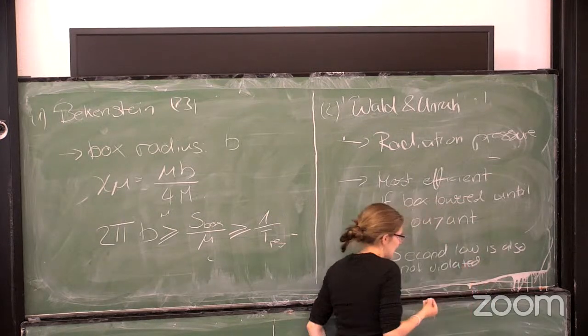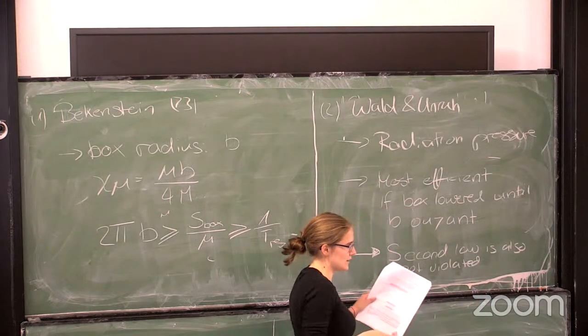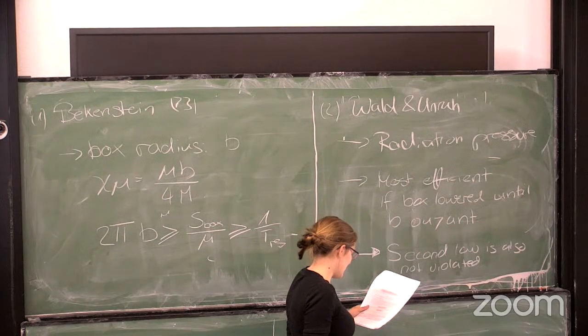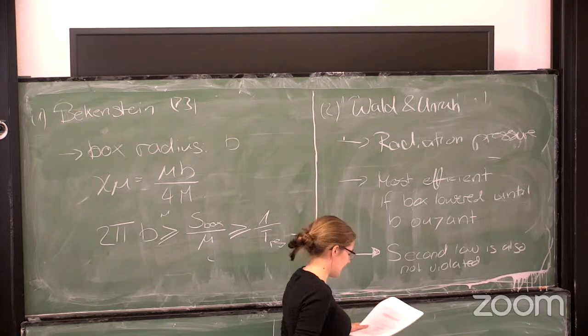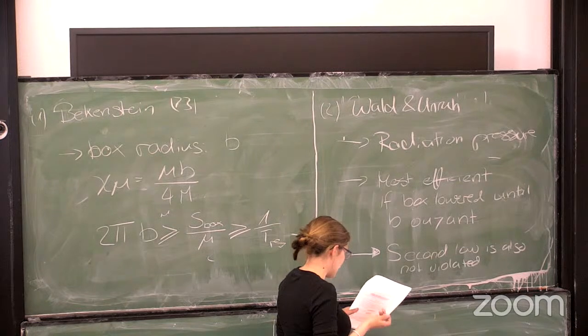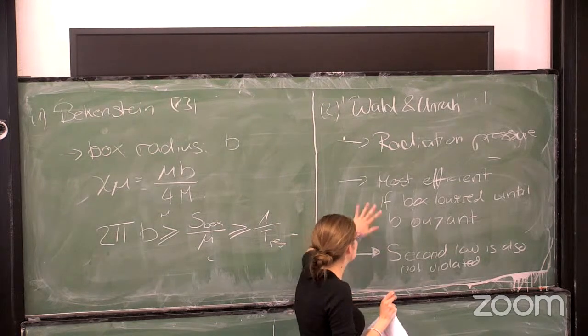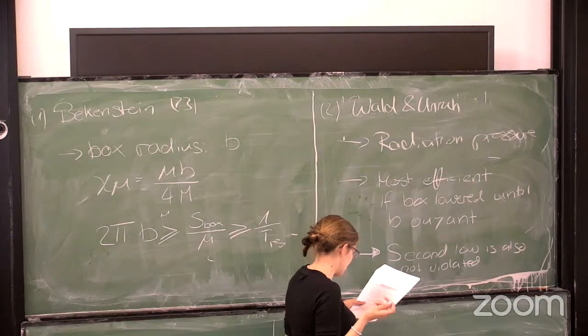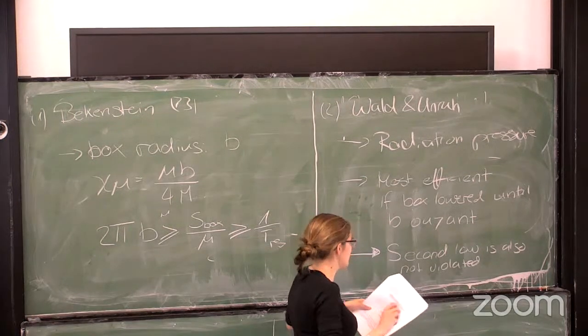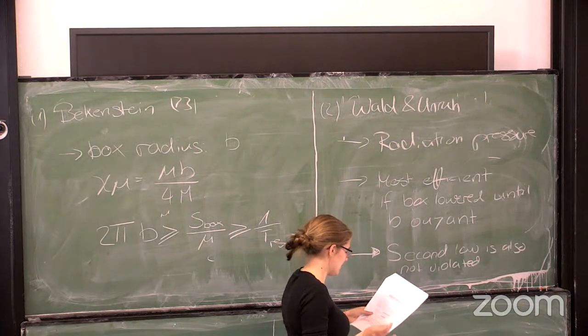They argue that outside you have thermal radiation, which maximizes entropy for a fixed volume and energy, and the box is buoyant if the energy in the box is equal to the Hawking radiation energy of the displaced space.